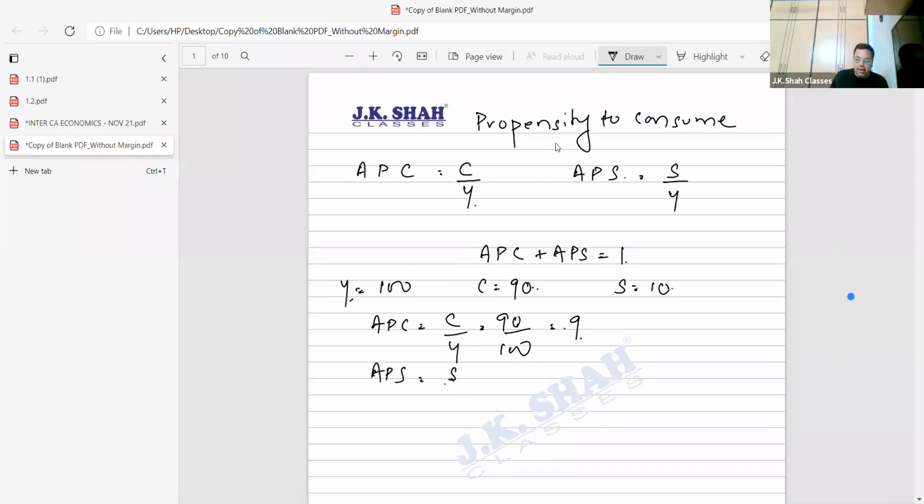APS is equal to S upon Y, which is 10 upon 100, equal to 0.1. The total has to be 1, so APC plus APS will give you 1. Any doubts over here? Let's go ahead.